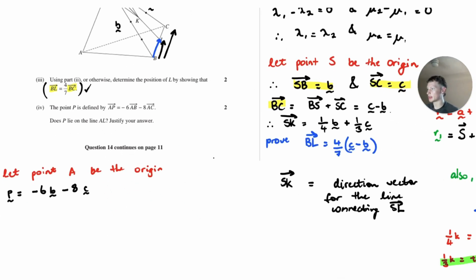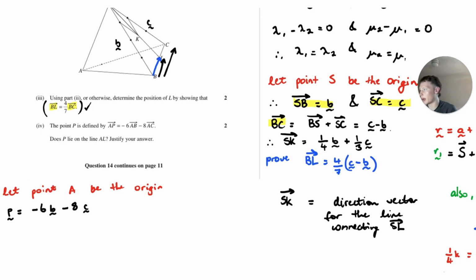What that means is that if we know AB and we know AC, and so in this example now we're looking at C here and B here, we can agree that to go from B to C, that's going to include B to A, A to C, which is C minus B.